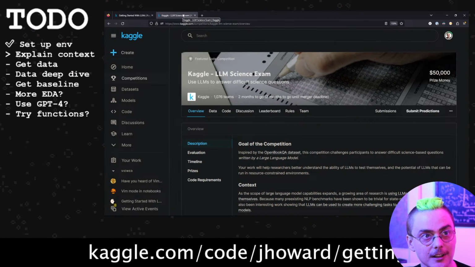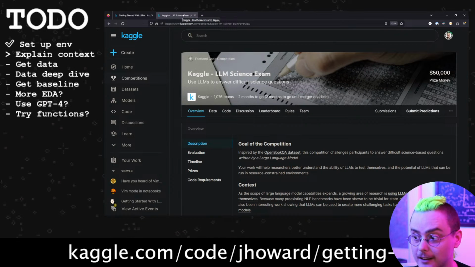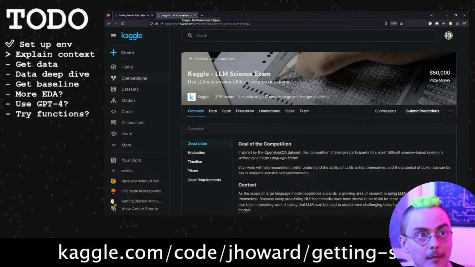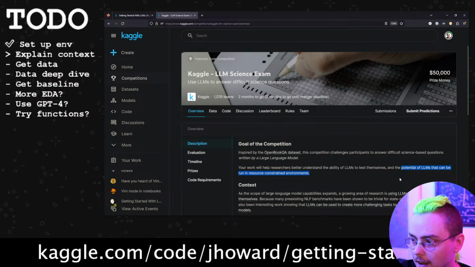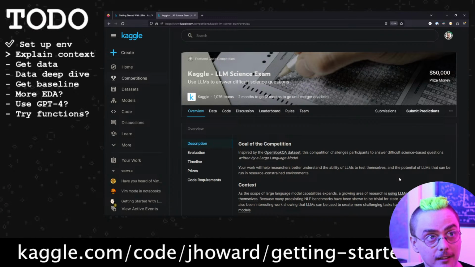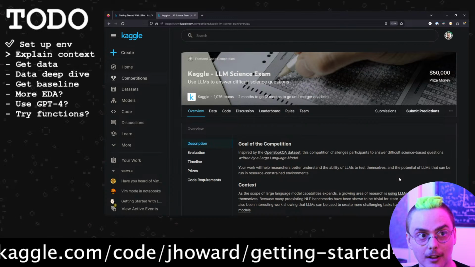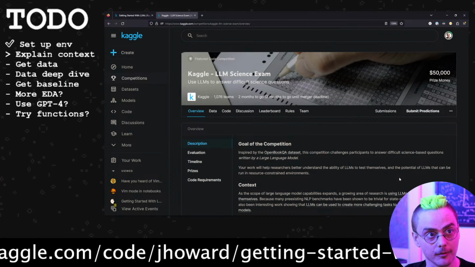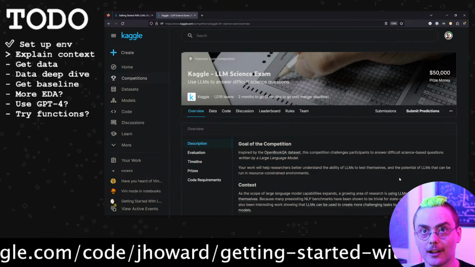It's about understanding how well LLMs can test their own knowledge. There's also an angle around LLMs in resource-constrained environments. In Kaggle, you have limits on the amount of resources you're allowed to consume. You hand off your code for them to execute, and you aren't allowed to call web APIs.